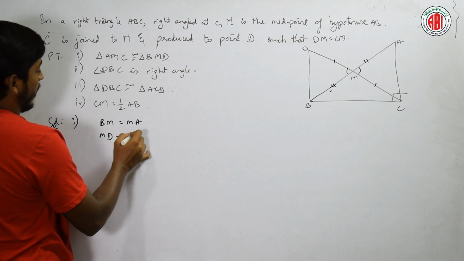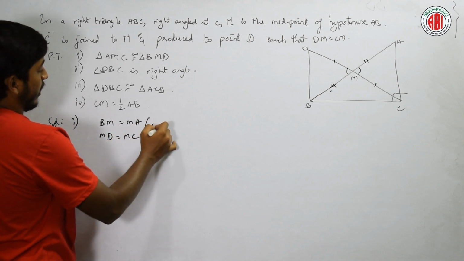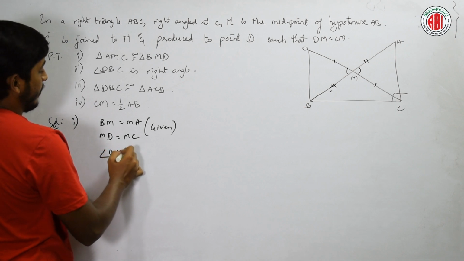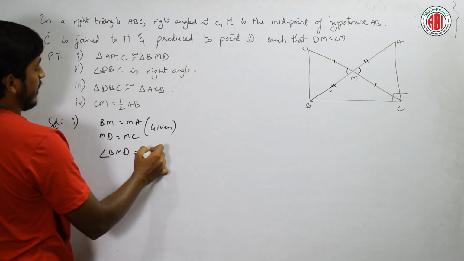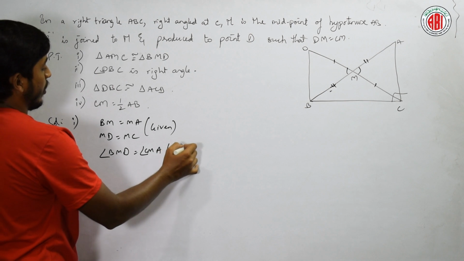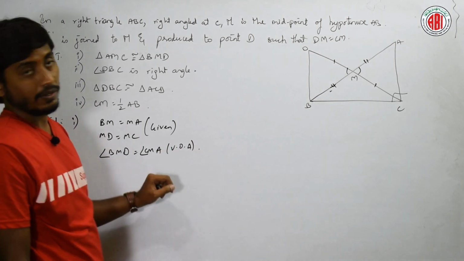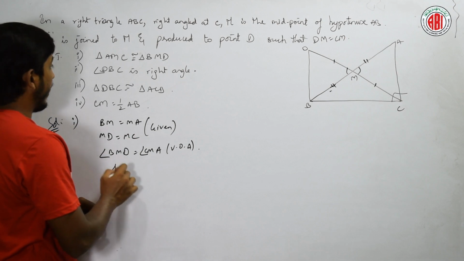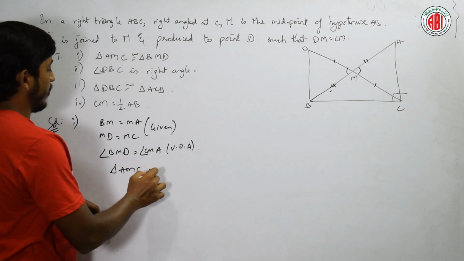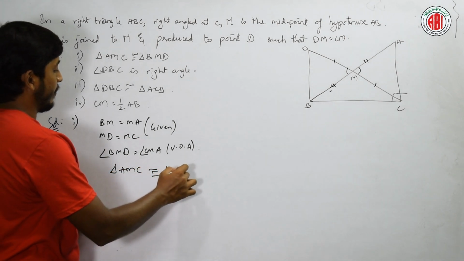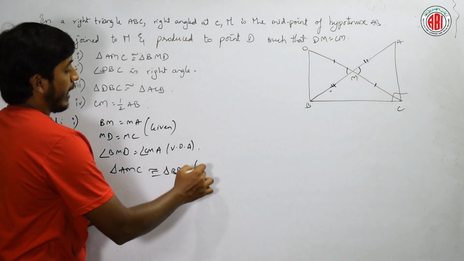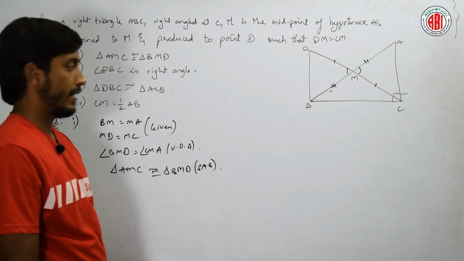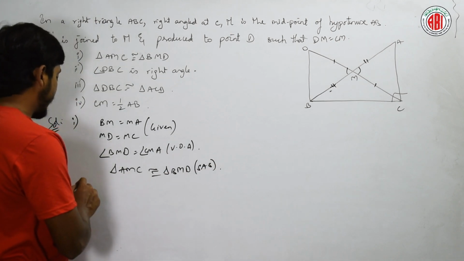MD equal to MC, these both are given, and angle BMD is equal to angle CMA because vertically opposite angles. Okay. Therefore, from those both we can prove that triangle AMC is congruent to triangle BMD by SAS congruency. Clear? That is it.